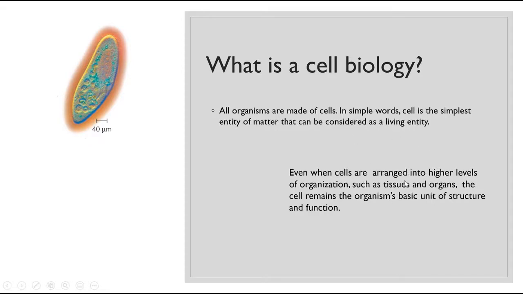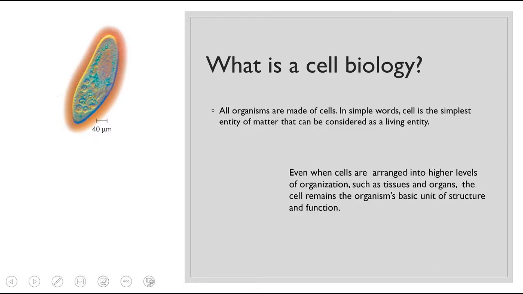Even when cells are arranged into higher levels of organization, like tissues, organs and organ systems, cells remain the organism's basic unit of structure and function. That's very important to remember.